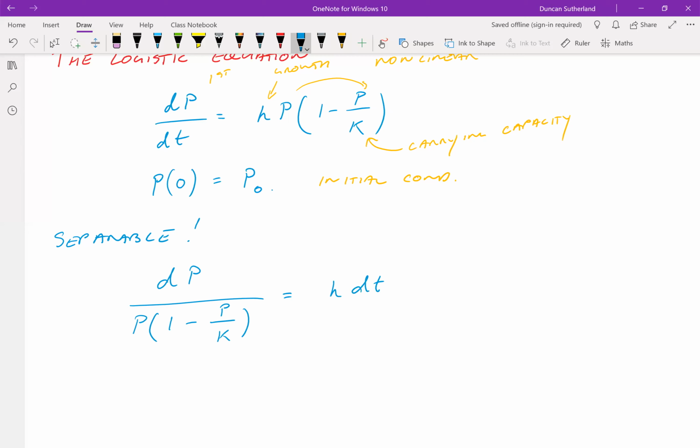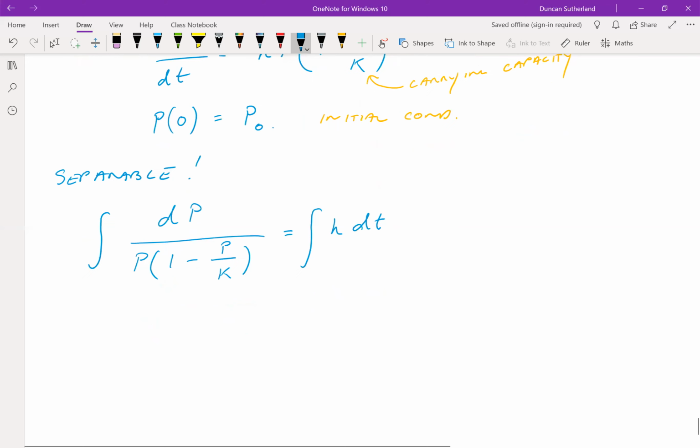So that's just rearranging, assuming that these little infinitesimals can be multiplied across, and we're going to sort of legitimize it all by putting integral signs on it. You'll notice that the right-hand side integral is trivial. It's going to go to kt plus a constant.